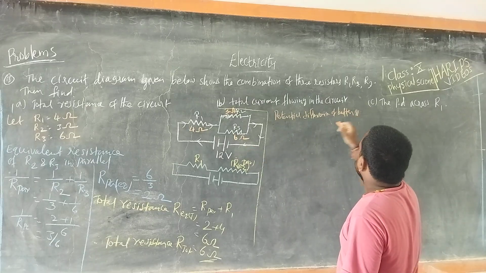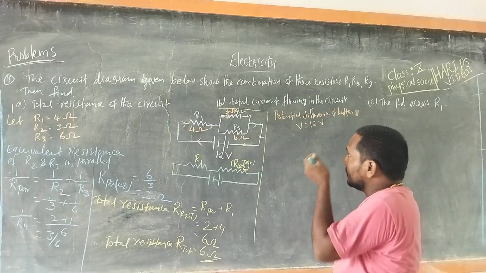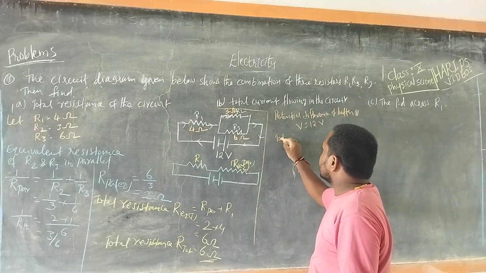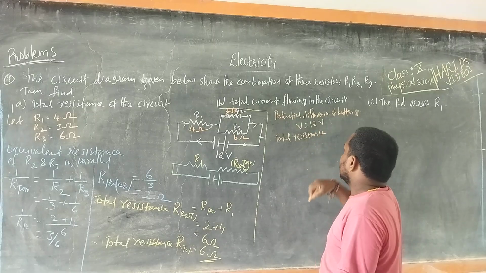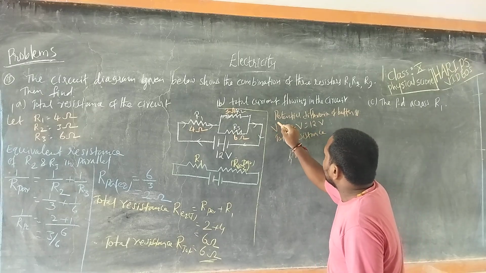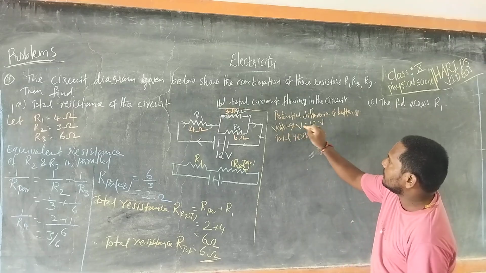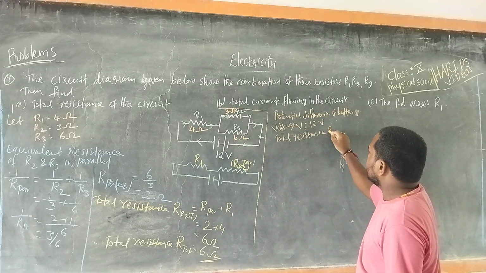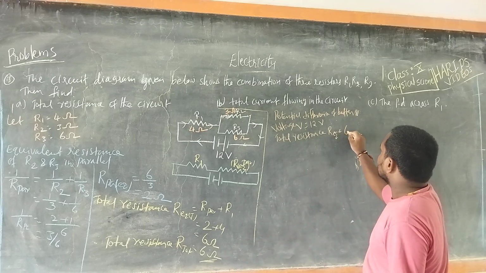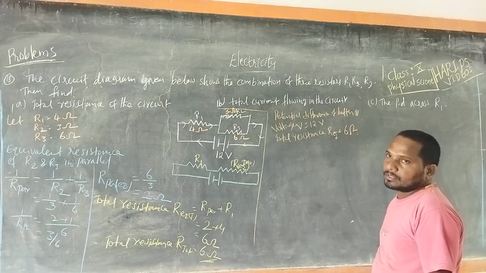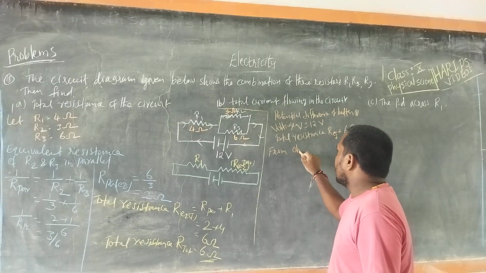V is equal to 12 volts. Then total resistance, R eq, is equal to 6 ohms.